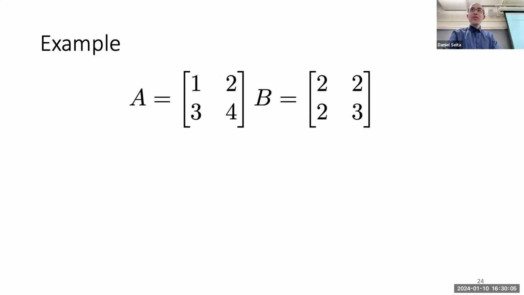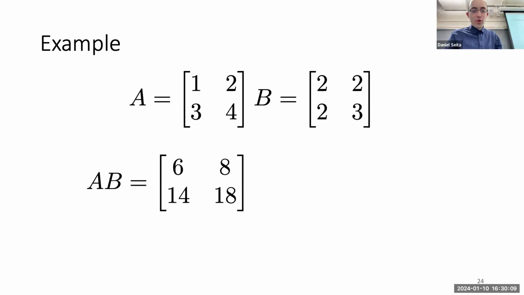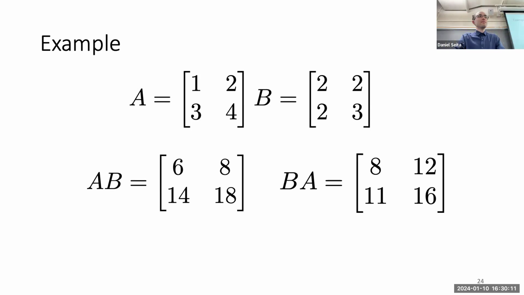Hopefully everyone has gone through the computation, but I'll put it out here for you anyway. In these cases, they're not equal. So hopefully you're able to get the AB and BA matrix values.